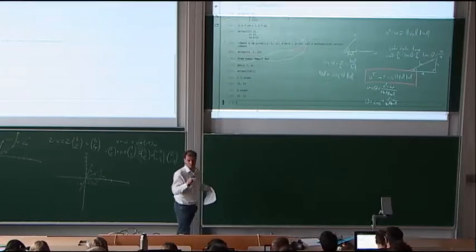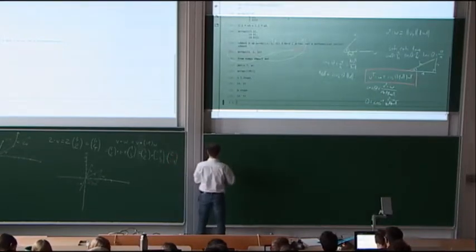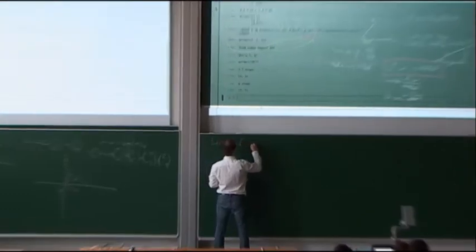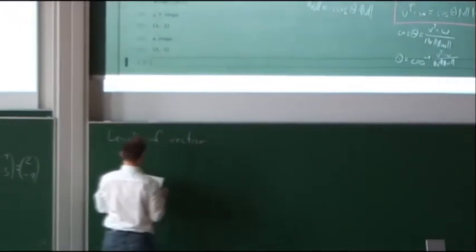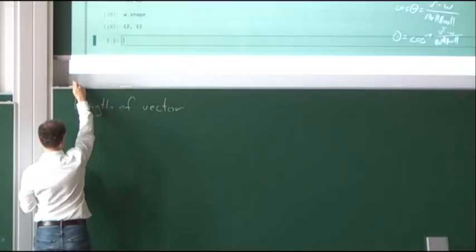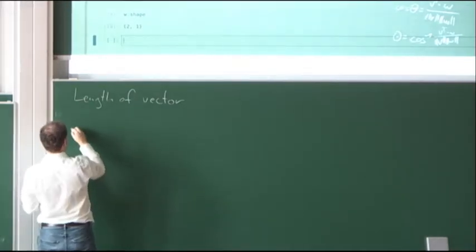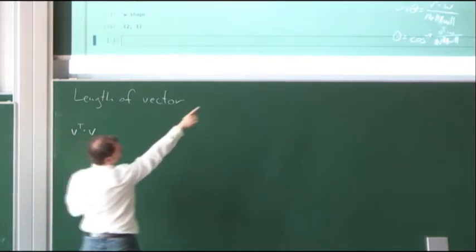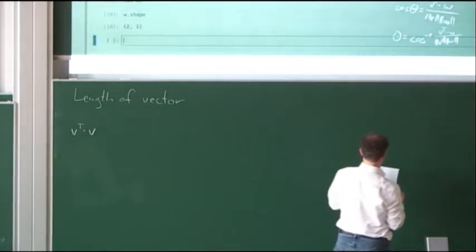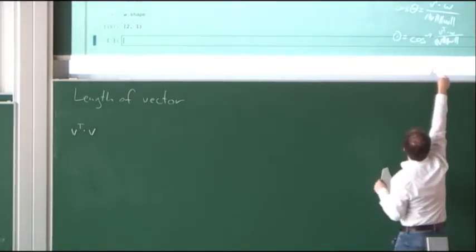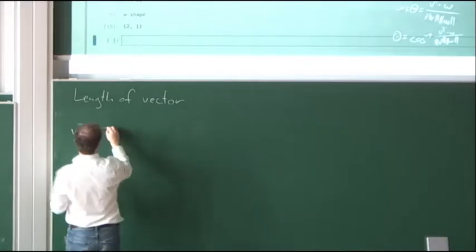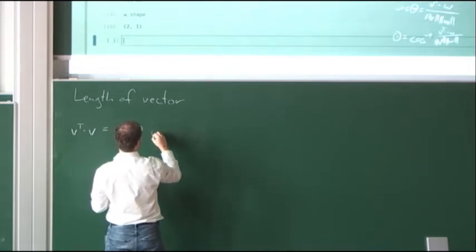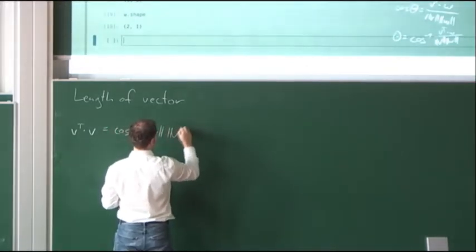So I calculate the dot product between a vector and itself, V transpose dot V. By the formula in the red box up there, this is the cosine of the angle times the length of V times the length of V.